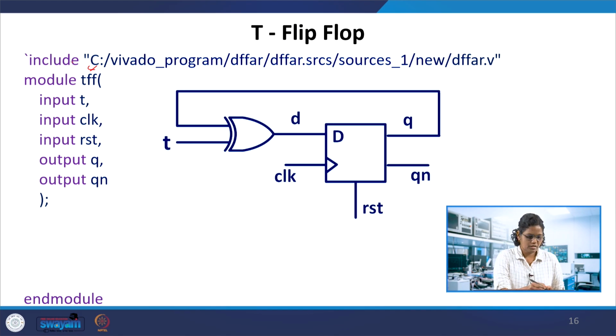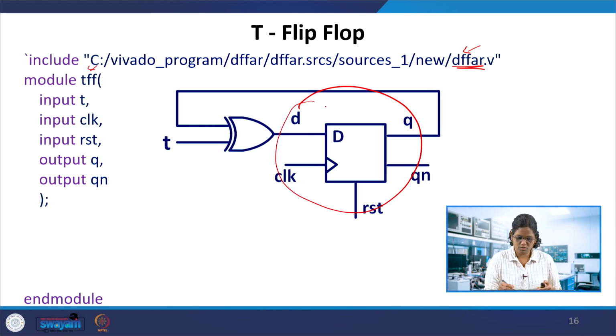Here you can see the include compiler directive, giving the full path of the D flip-flop asynchronous reset code. We are going to use it in this T flip-flop instead of this block. So this block is instantiated using the DFFAR code.